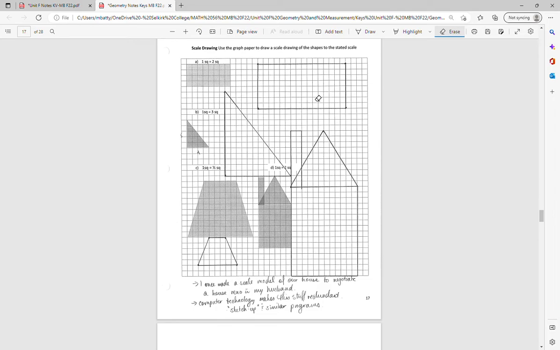So we've moved away from the pencil and graph paper in a lot of ways, but I really do think that this is a good skill to have, especially if you want to try and figure out your own living space or that kind of thing. You ever want to build a tree house for kids or any of that kind of stuff? This idea of scale drawings is really useful to make calculations from for real world stuff.